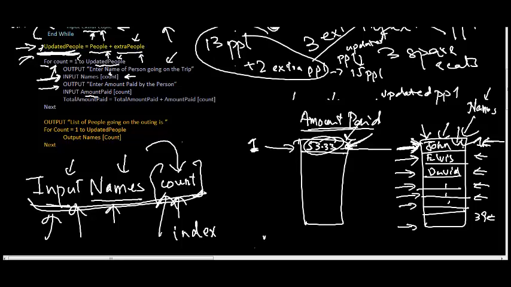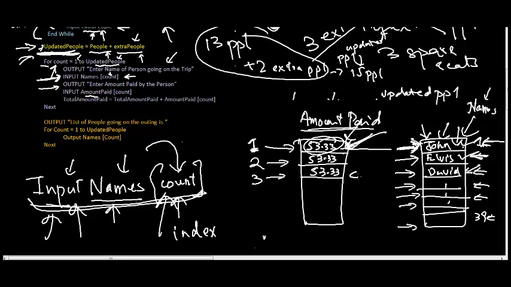So John and the amount that John paid. In the second element of the names array, Elvis, and in the second element of the amount paid array, the amount paid by Elvis. In the third element of the names array, David, and in the third element of the amount paid array, the amount that was paid by David.